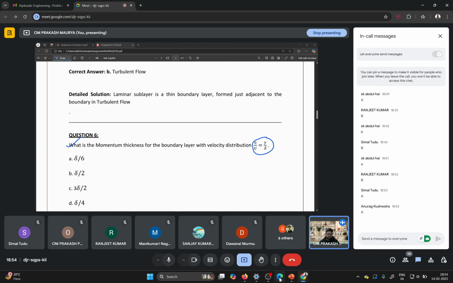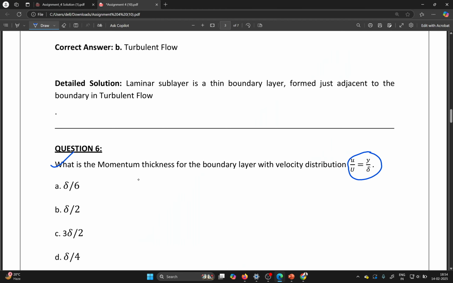Okay, let me discuss. Everyone knows the momentum thickness formula, which I have told you. The formula is the integral from 0 to delta of small u by capital U times (1 minus small u by capital U) dy.